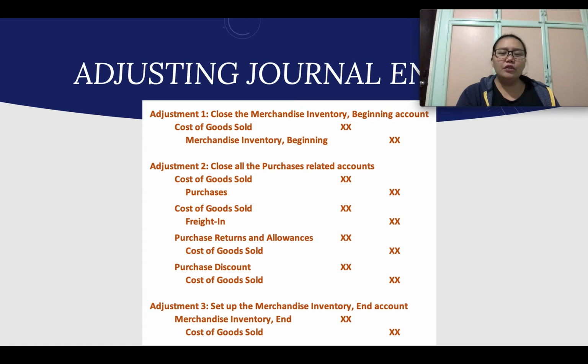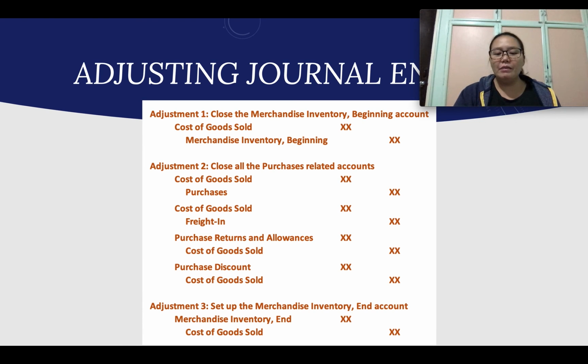Okay, so what are the usual adjusting entries? We have, of course, number 1 is for the accrued income earned but cash is not yet collected. We also have accrued expense. So these are expenses already incurred but not yet paid. And then we also have prepayments.